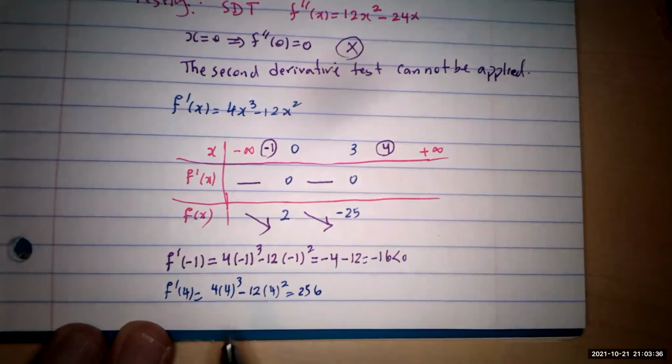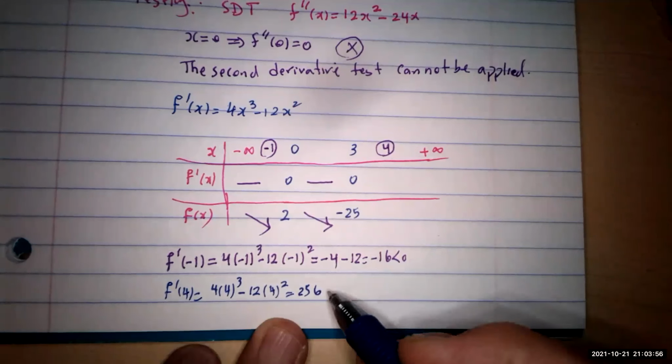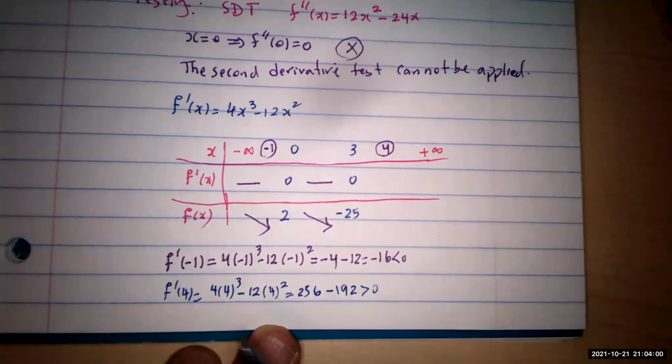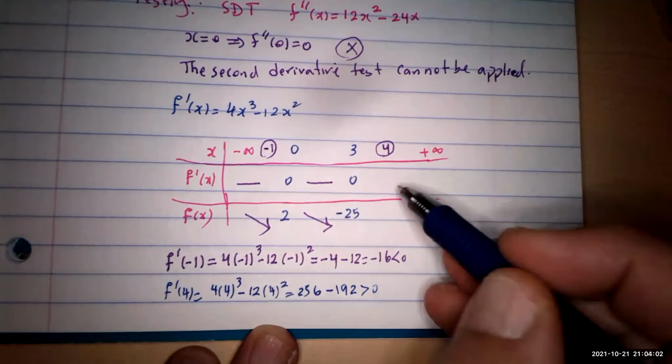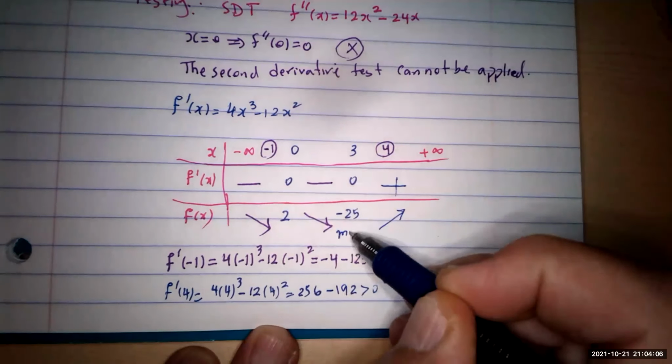And over here it's 16 times 12, which is 192. This is positive. F prime is positive, so that would be up. So you have only a minimum.